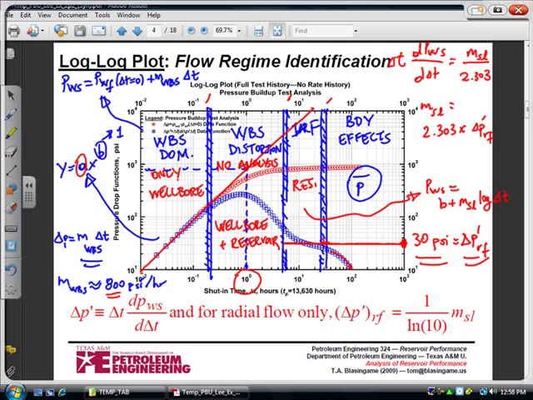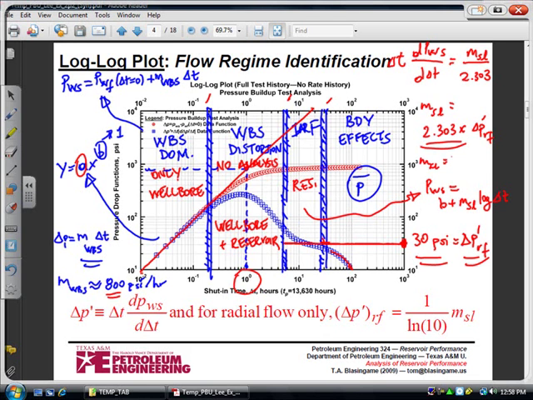Okay, any questions about this one? So this will be our basis, and then when we go to the semi-log plots, we are going to use this MSL that we found from the log-log plot. So what is our MSL?